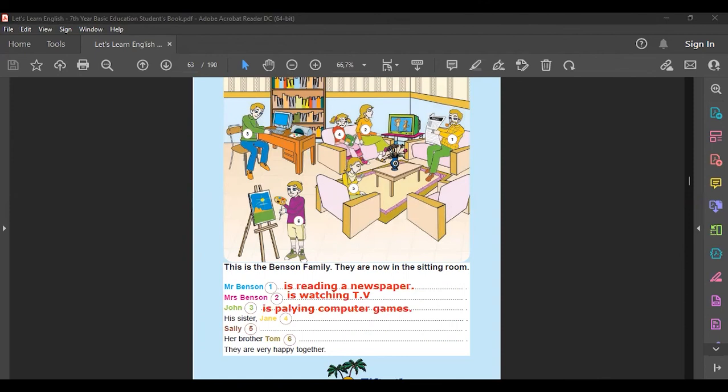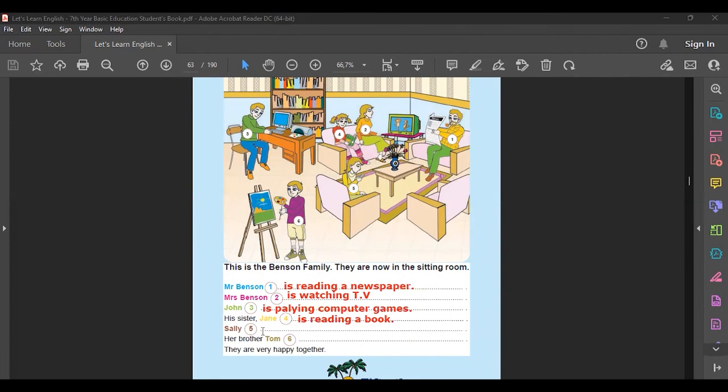His sister Jane, number 4. This is Jane. Look, she has a book in her hands. So Jane is reading a book. Next, we have Sally, number 5. Sally has a mobile phone.